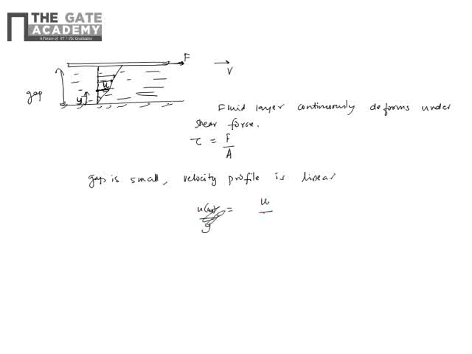Without confusing, let's write u by y equals v by the total gap, which is L. Imagine the gap is L. So u is y by L into v, where v is the velocity of the plate.